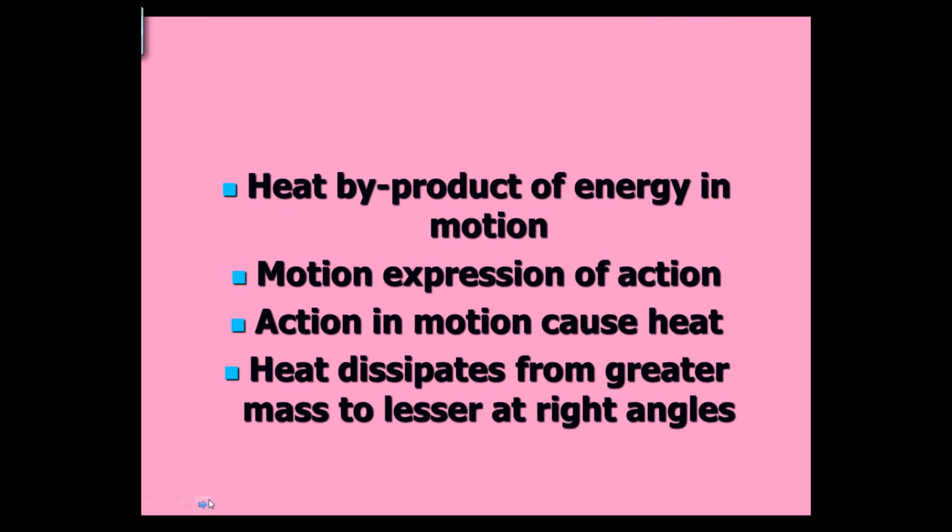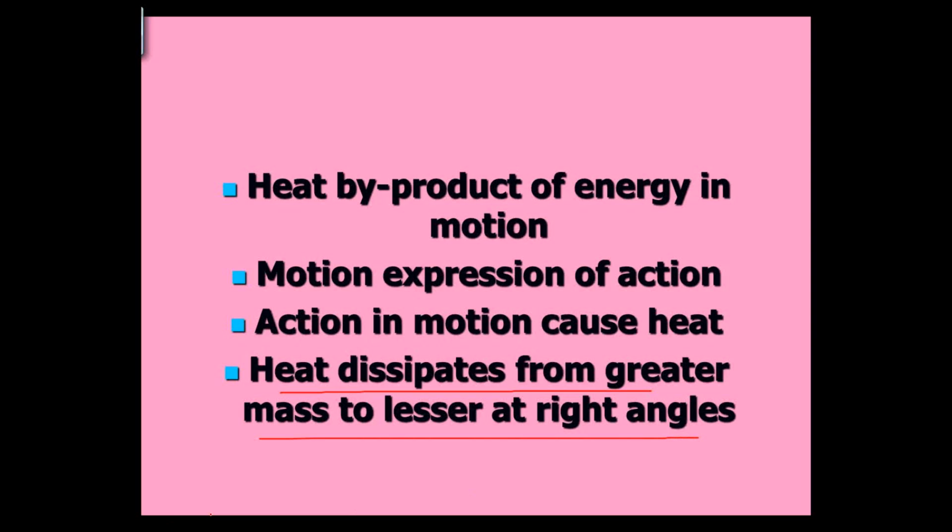What Dr. Duff talked about was that heat was a byproduct of energy in motion. Motion is an expression of action. Action in motion caused heat, and the heat would dissipate from greater mass to lesser at right angles.